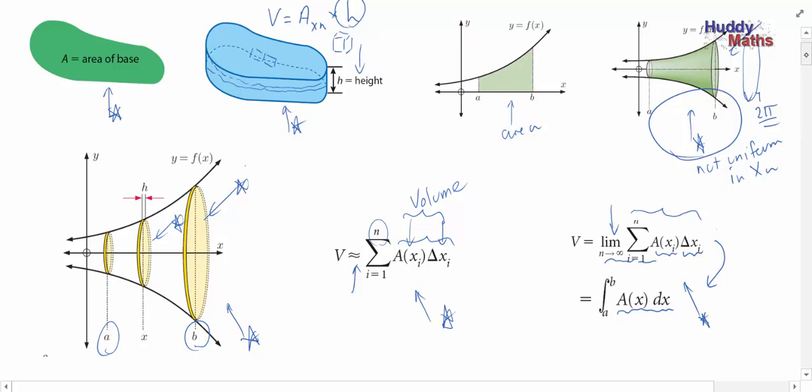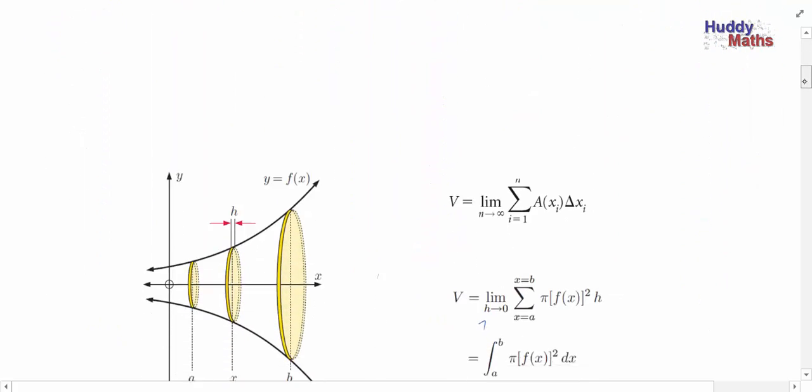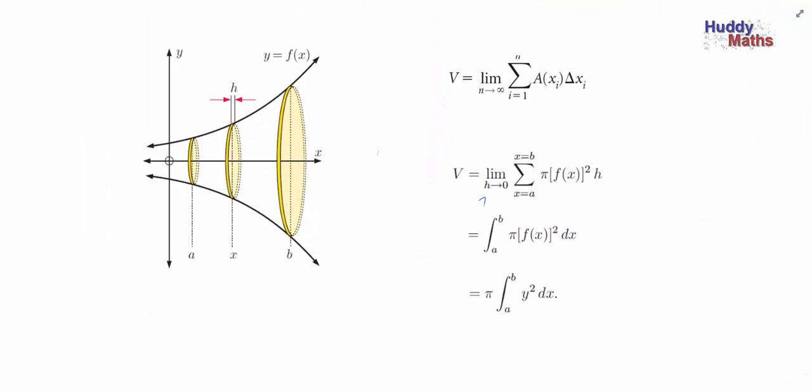Let's do it a little bit more technically down here. These screen clippings are coming both from Pearson's and from Hayes publications. We're looking at discs which have a circular end, so we want the area of that times the width, and let's call the width h.